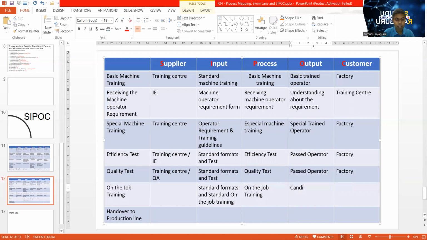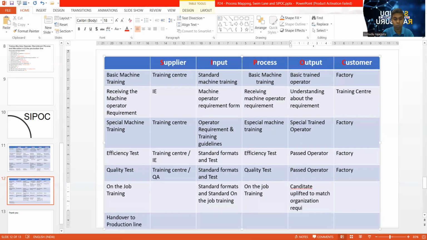Candidate, if not operator, uplifted to match the organization requirement. Okay, uplifted candidate to the organization requirement.